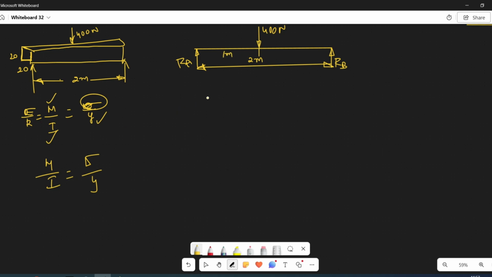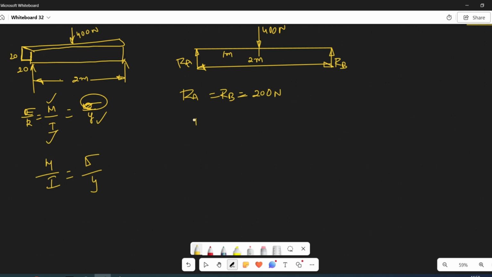Now RA and RB will be symmetric. Each of them will carry the load equally. RA and RB will be equal to 200.